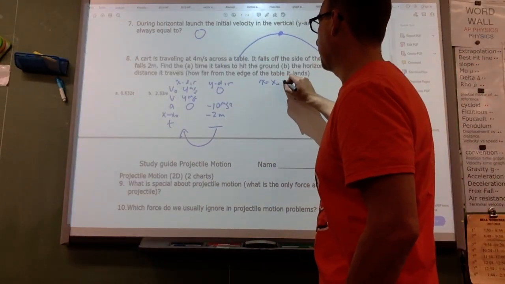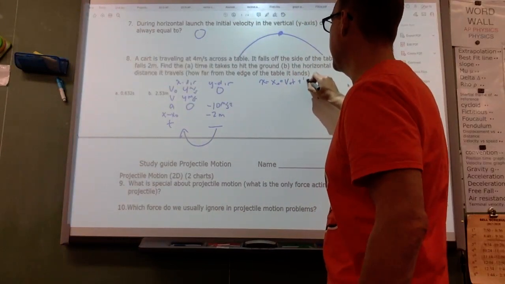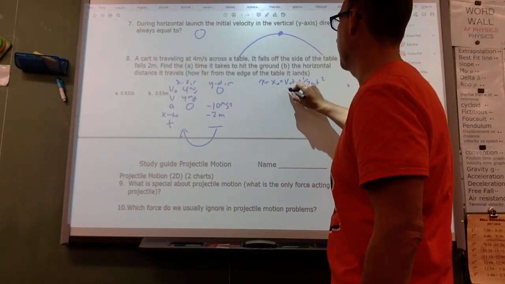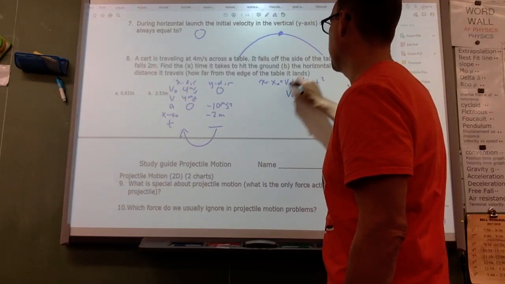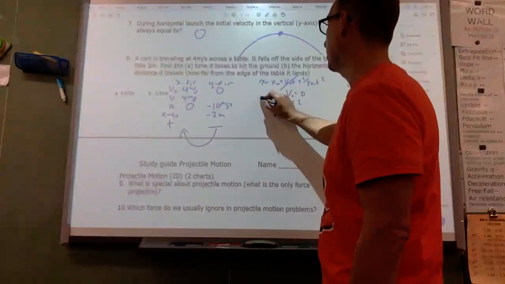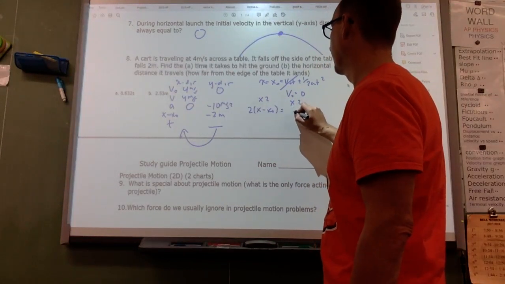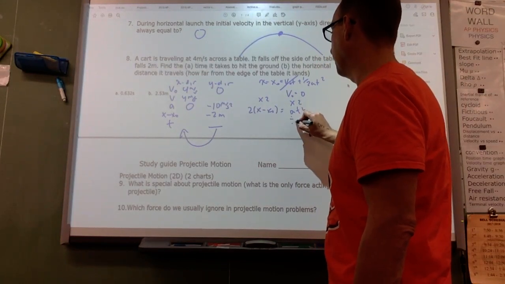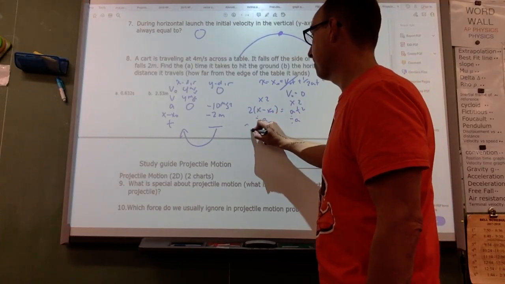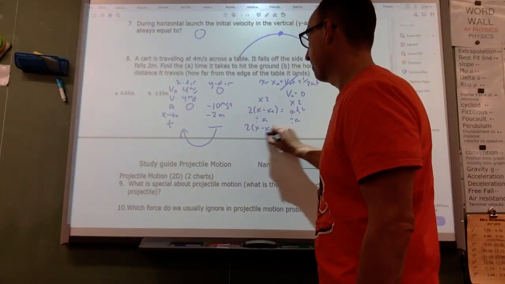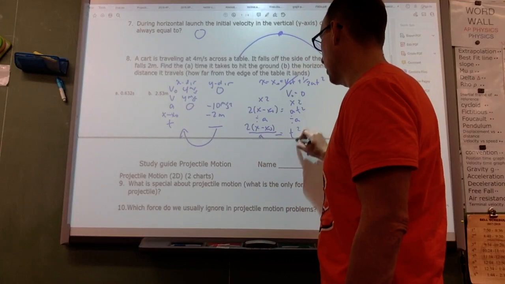So we're going to do x minus x naught equals v naught t plus 1/2 at squared. I'm going to say that v naught is equal to 0, so that's going to go away. I'm going to multiply by 2, divide by a, and square root.